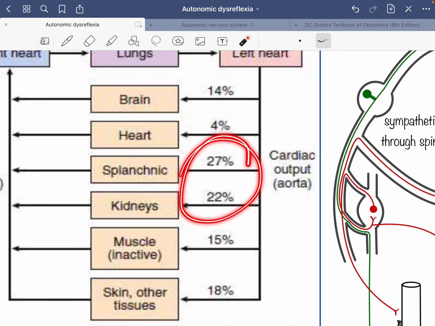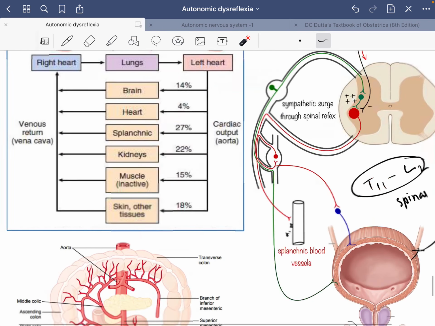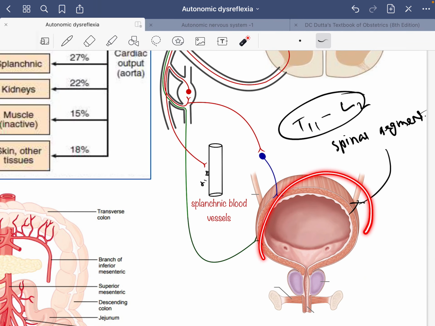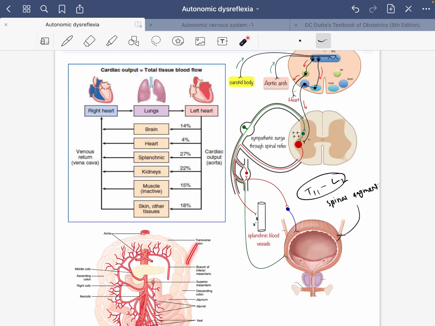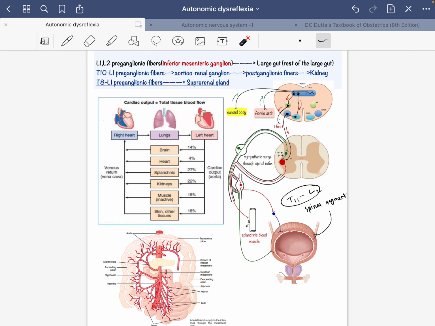That means a major portion of circulation will undergo vasoconstriction whenever your bladder is distended. Moreover your suprarenal gland also will be stimulated, and it will start to release epinephrine in your circulation. That's why blood pressure tends to rise during a distended urinary bladder. So this is the underlying mechanism. That's why our blood pressure slightly rises.